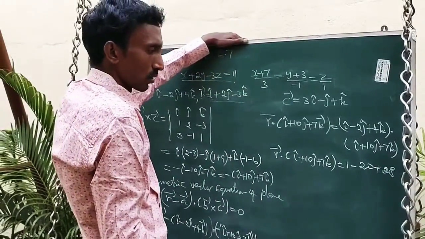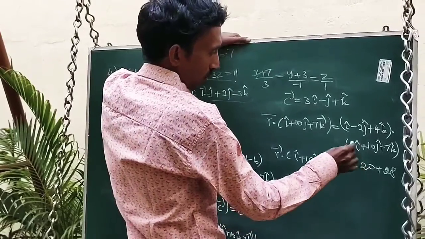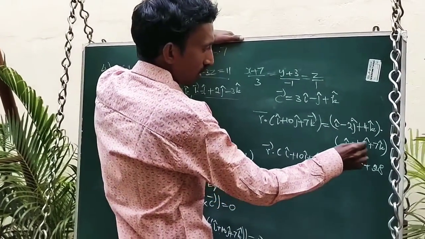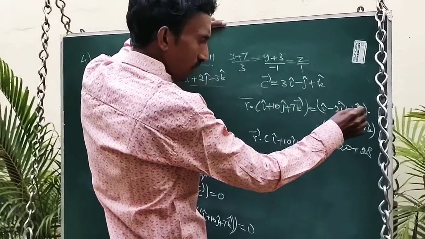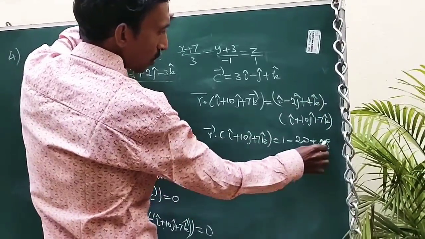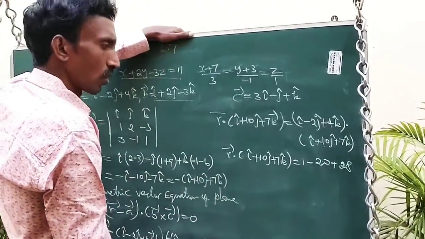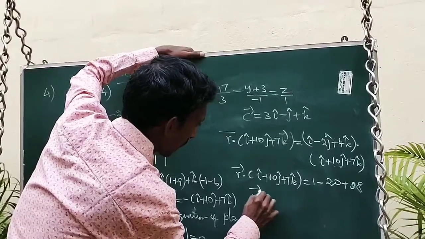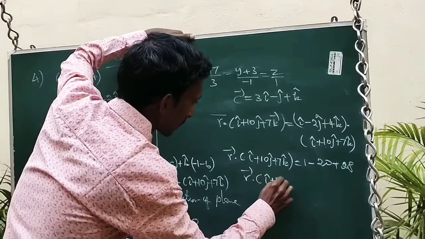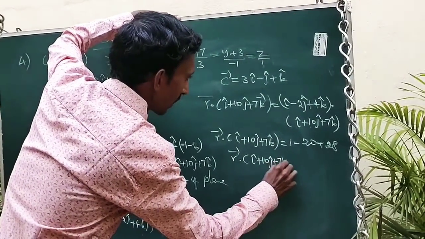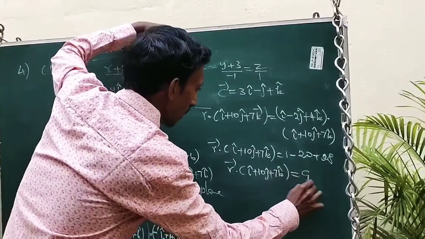So 1 minus 20, what is that? 28, so 29 minus 20. So r dot (i plus 10j plus 7k) equals 9.